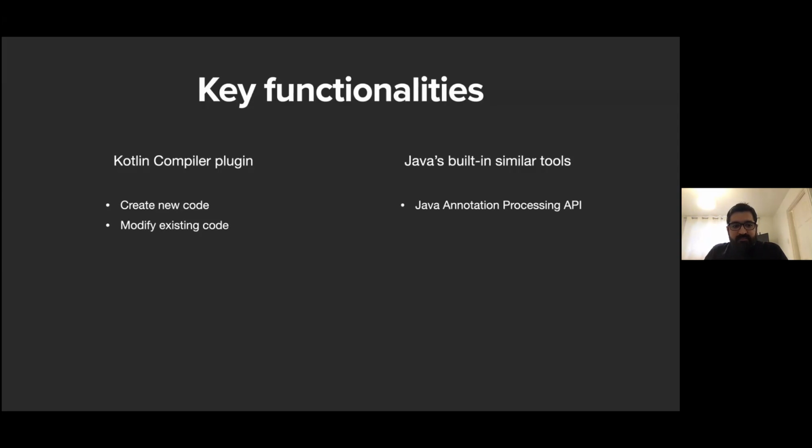The second thing is that you can modify existing code. With Java, there's no way to do that, at least not using the original built-in Java APIs. So it's very important to me that the Kotlin compiler itself adds this kind of functionality in the official core of its own platform. I think that's really cool.